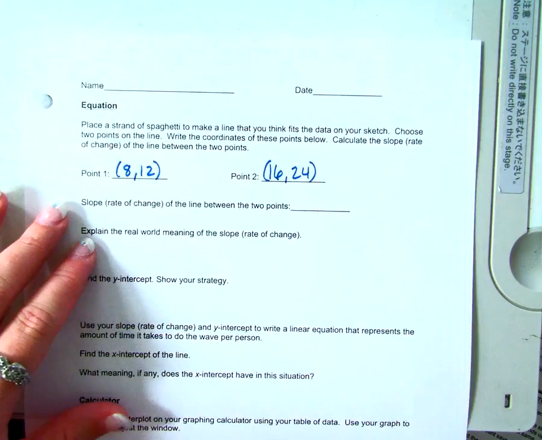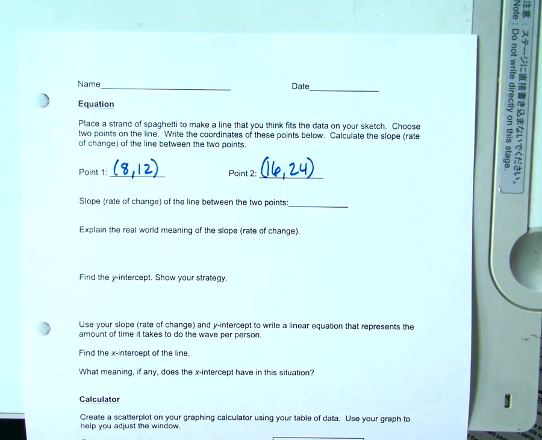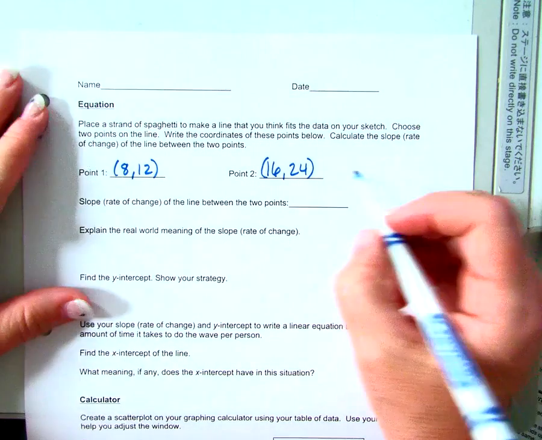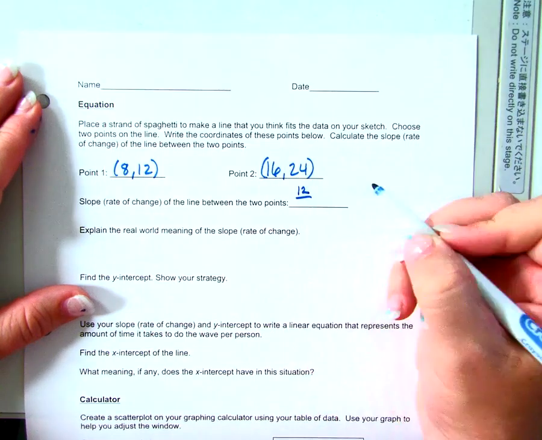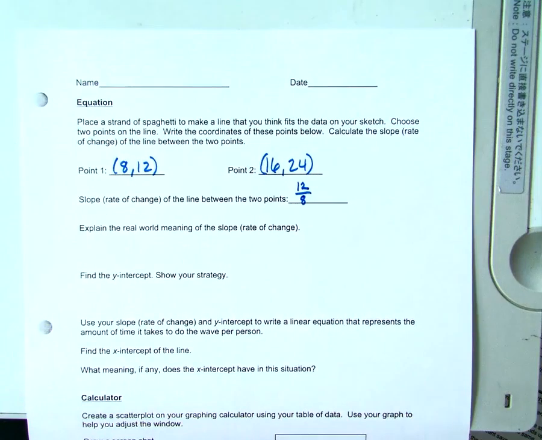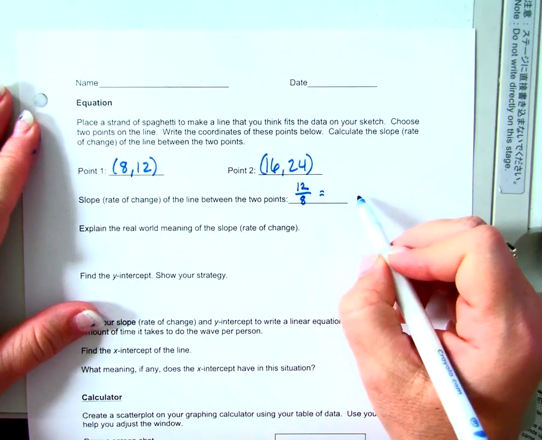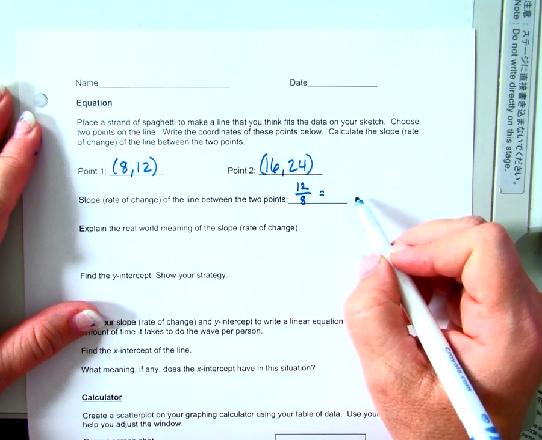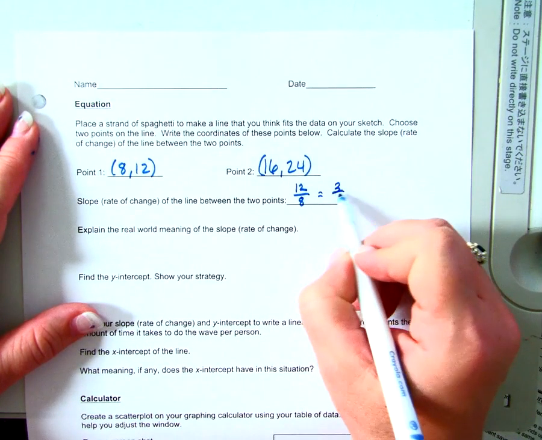How am I going to go about finding the slope? Change in y over change in x. My change in y is 12. My change in x is 8. So that means my slope is 3/2. Does that make sense?